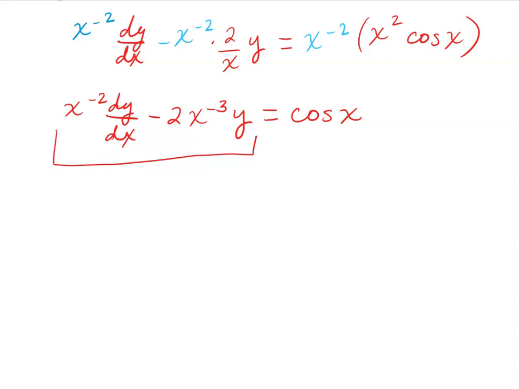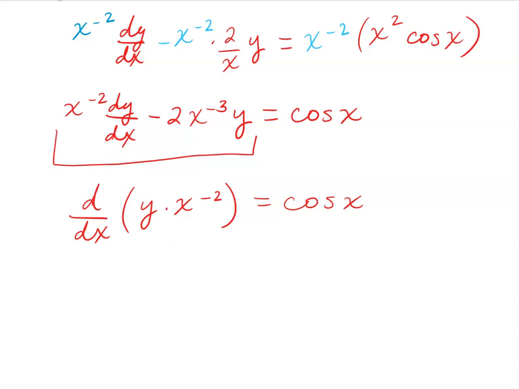This dy dx would be the derivative of y, and negative 2x to the negative third would be the derivative of x to the negative second. So this expression is d dx of y times x to the negative second. Pause the video if you need to and make sure you see that. Take the derivative of this using implicit differentiation with respect to x, and you'll see that you get this expression.